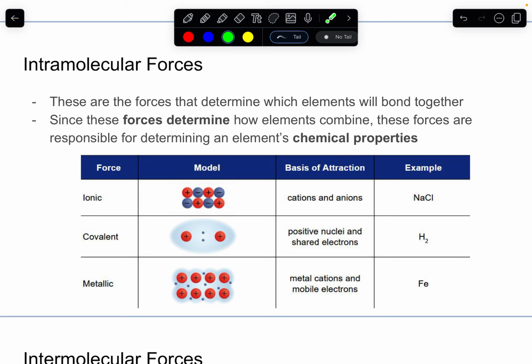We took a look at that with determining what type of compound we have. Okay, this is all about valence electrons. Why is stuff going to react? Stuff's going to react to fill its octet. All right, and since these intramolecular forces determine how elements combine, these forces are responsible for determining an element's chemical properties. Okay, this is how they behave chemically.